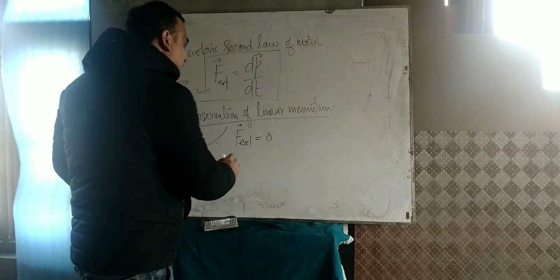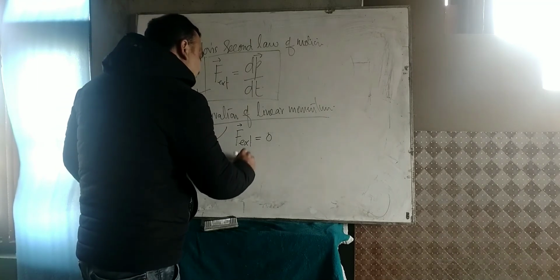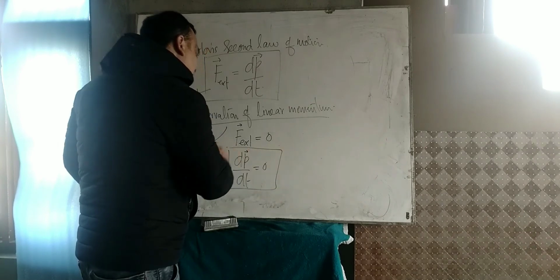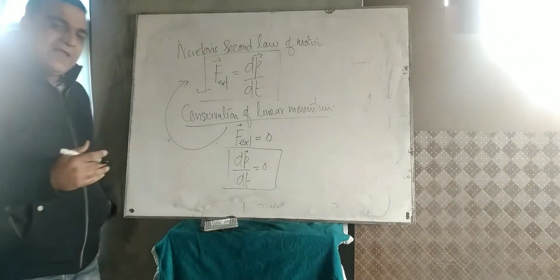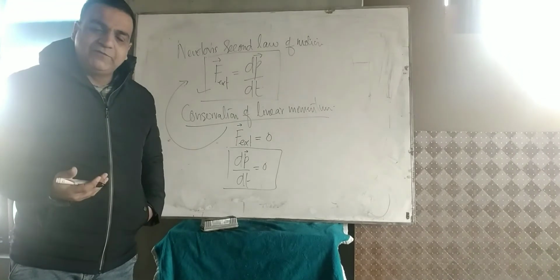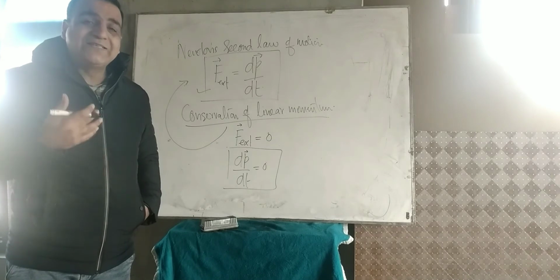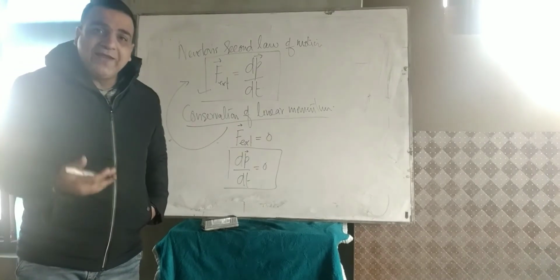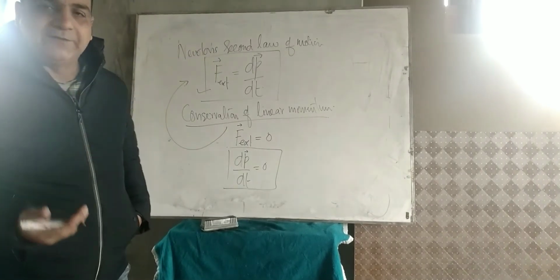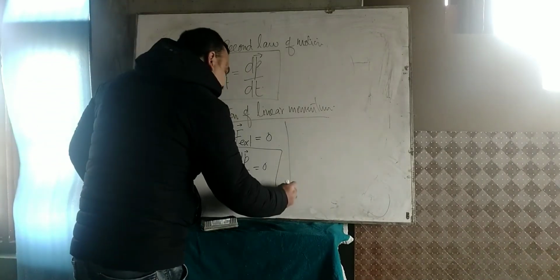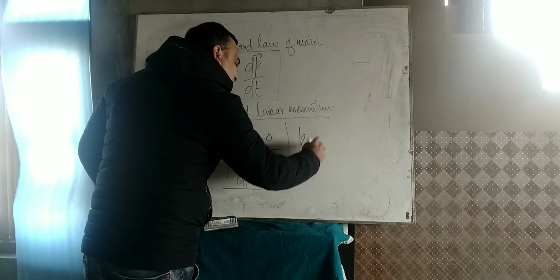That means dP by dt must be equal to zero. That means the change of momentum with respect to time must be zero. There must not be any rate of change of linear momentum. So I can say from this equation that P is constant.